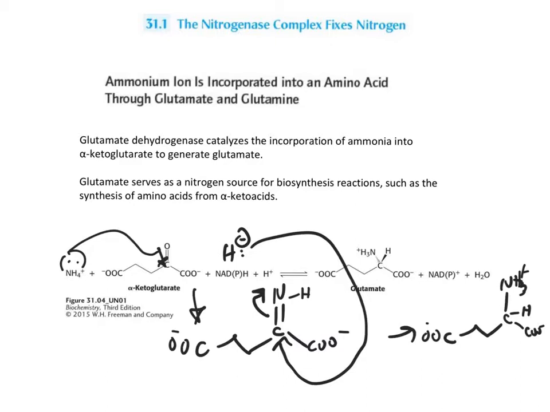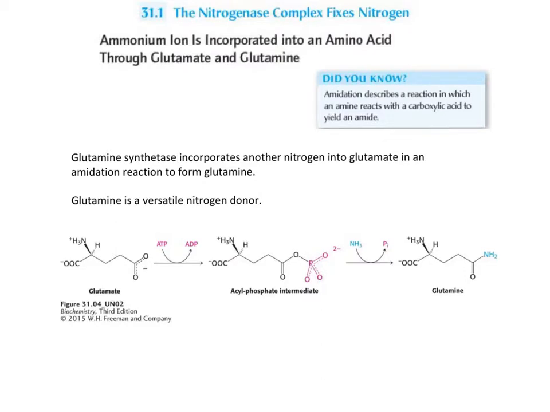There's another way of doing this. Let's see if that's the next slide. Nope, okay, so I'm going to talk about that one later. The other thing is taking glutamate and turning it into glutamine. So removing one of these oxygen groups is particularly difficult to do in a one-step process. The easiest way to do it is to use an ATP and make one of these acyl phosphates, which are shown right here.